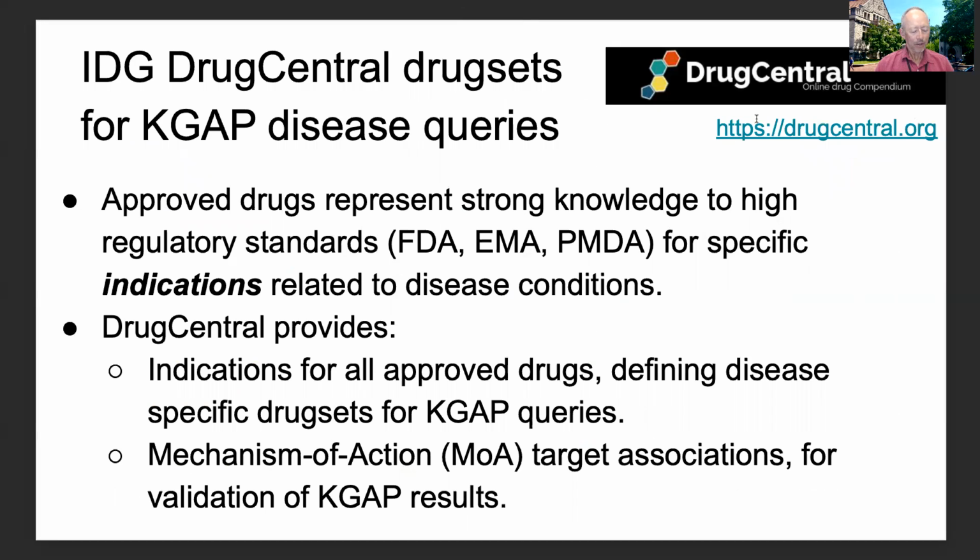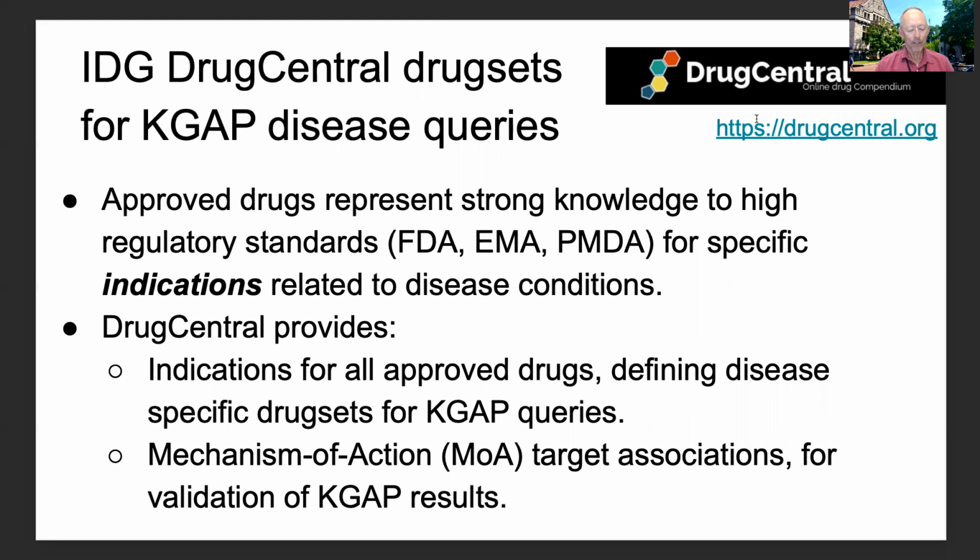The IDG resource Drug Central from UNM is a compendium of compiled and curated knowledge about drugs approved by the leading regulatory agencies. Drugs are approved for specific indications, a clinical condition for which the drug has been proven effective and safe by clinical trials, according to strict standards of evidence.